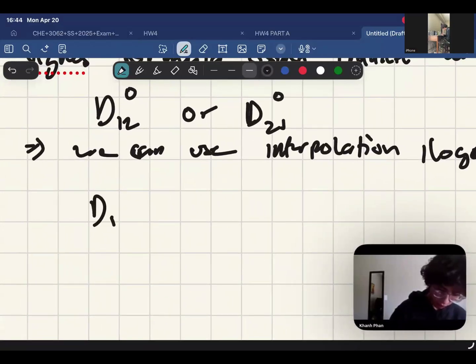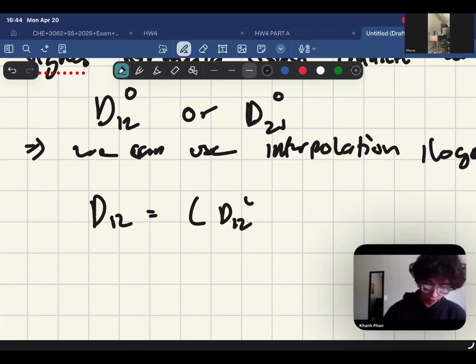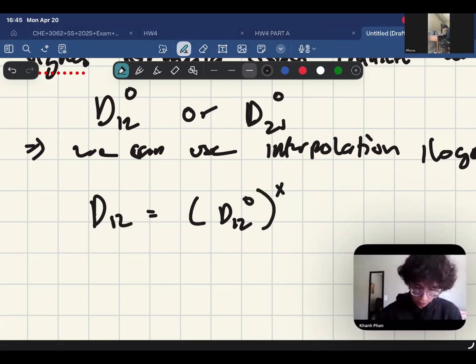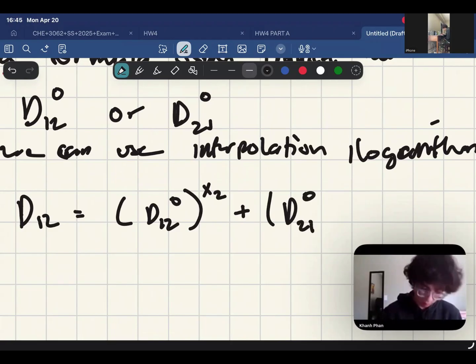We have the blended diffusion coefficient of binary mixture 1 and 2 equal to the infinite dilution coefficient of species 2 in 1 raised to x2, times the infinite dilution coefficient of species 1 in 2 raised to x1.